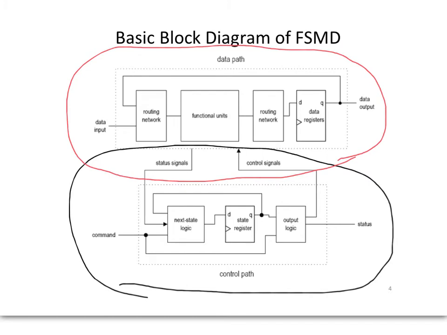The data path will typically consist of a routing network, built from multiplexers or routing components of different kinds. Some functional units could be multipliers or filters or shift registers or counters or whatever it may be, PWM circuits and so on. And then we typically have some routing network again to determine what happens with the signal.